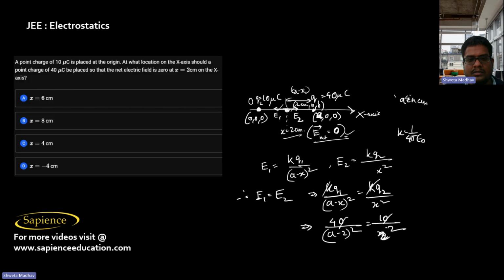For the 16 equal to (A minus 2) whole square.